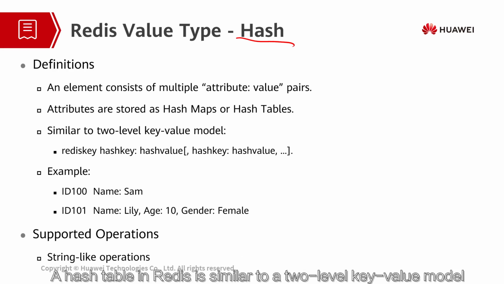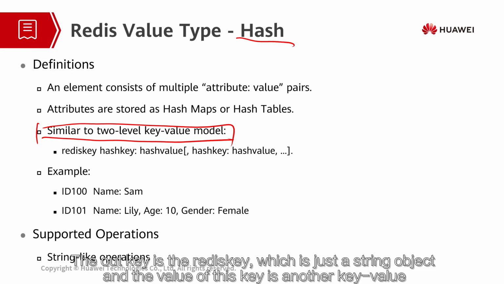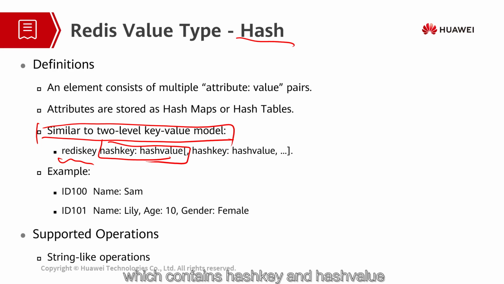A hash table in Redis is similar to a two-level key-value model. The out key is the Redis key, which is just a string object, and the value of this key is another key value, which contains hash key and hash value.